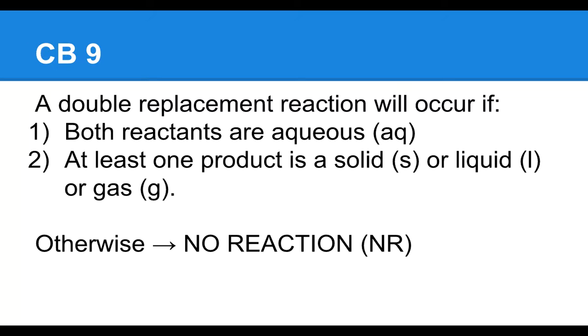So both reactants have to be aqueous, and then one product is usually going to be aqueous and the other one is usually going to be a solid, or it could be a liquid or gas. If neither one of these conditions exists, then we would say no reaction. So both these conditions have to exist in order for it to be a double replacement reaction.